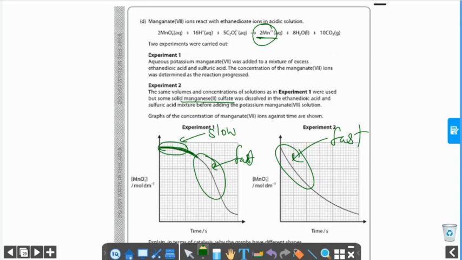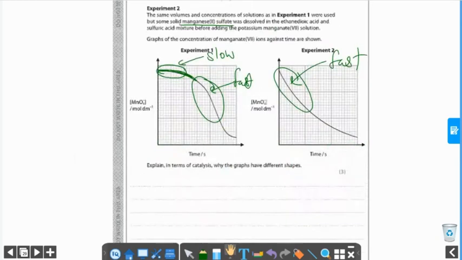But in experiment 1, initially Mn2 plus is not produced enough. Initially the Mn2 plus concentration is low. In experiment 2, we are adding Mn2 plus; in experiment 1, we are not adding. So initially the concentration of Mn2 plus produced is low, therefore the reaction is slow.